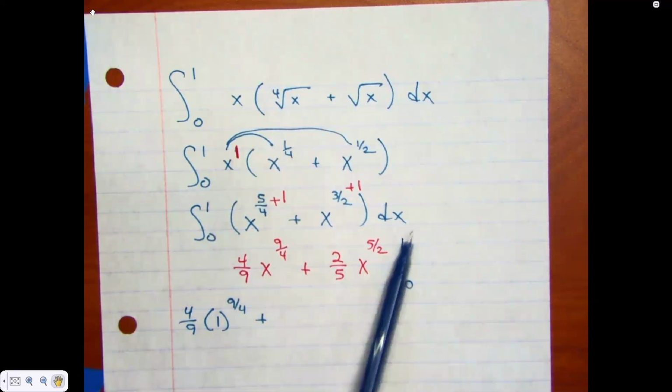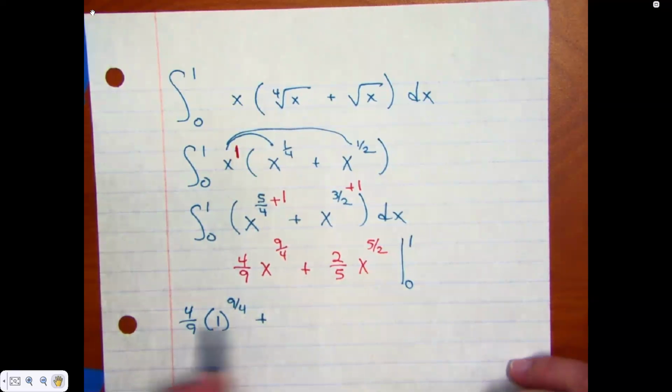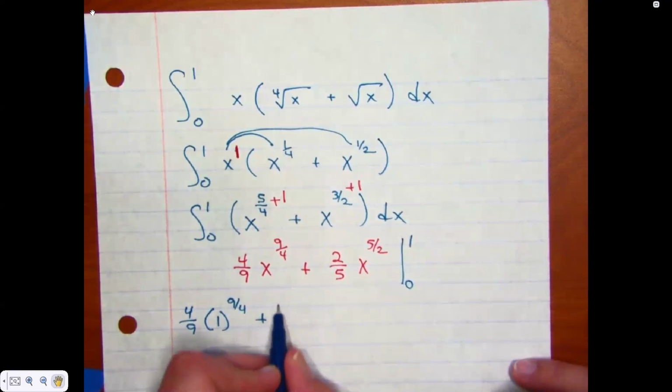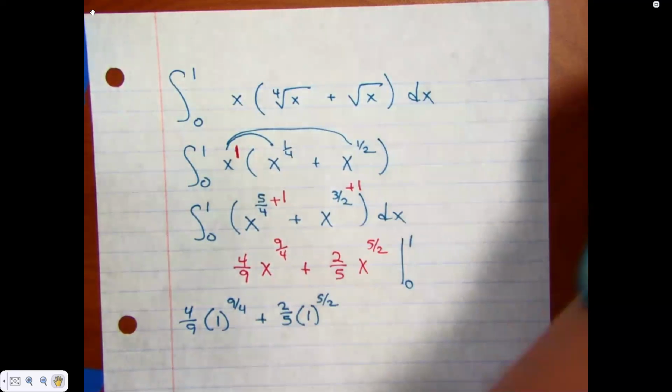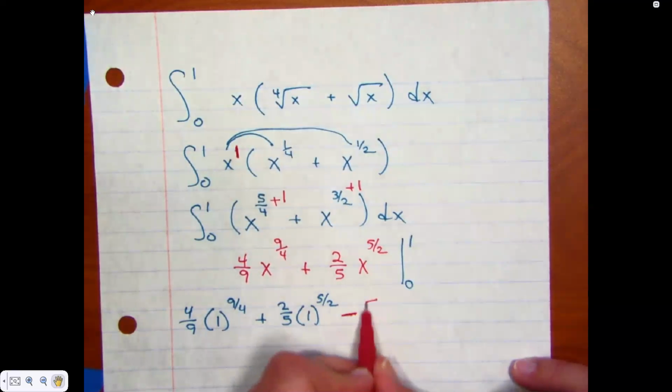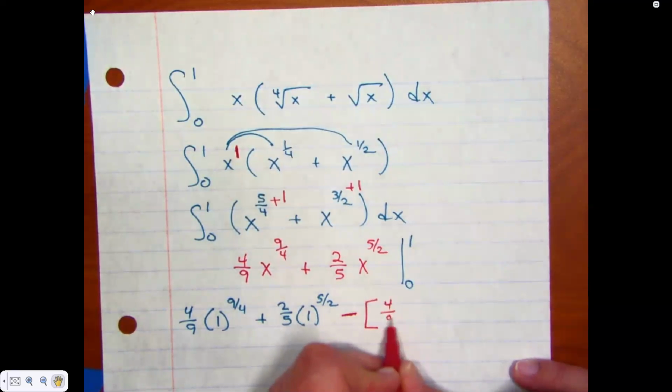Make sure you do a 1 through the whole thing, and then go back and do a 0 through the whole thing. Okay? It's like if there's 3 x's, we remember, but for some reason, if there's 2 x's, then we put 1 in each. You got to do the whole entire function. So 2/5, 1 to the 5/2, and then we go back through minus, and then we do it with the 0.